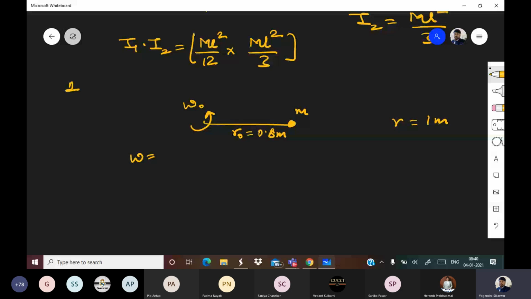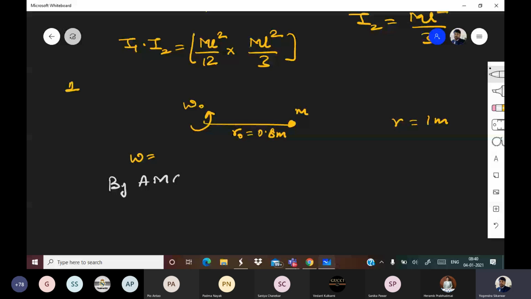Suppose you apply angular momentum conservation. So by AMC, I1 omega 1 is equal to I2 omega 2.